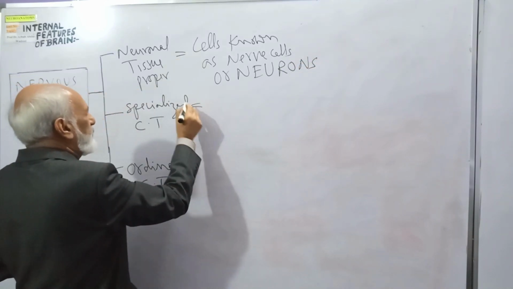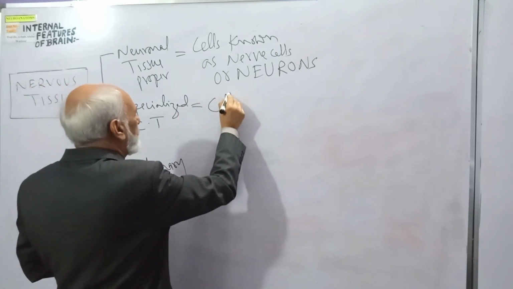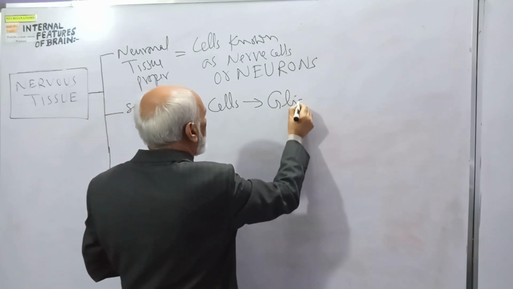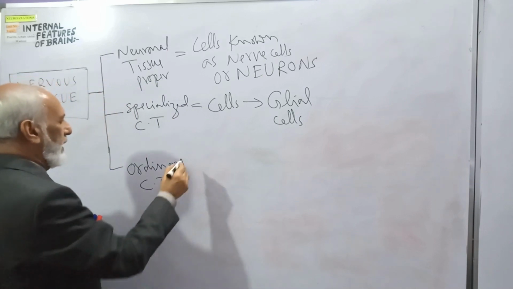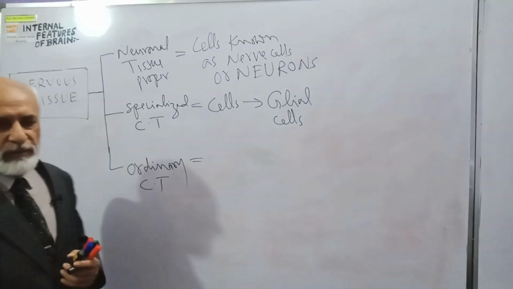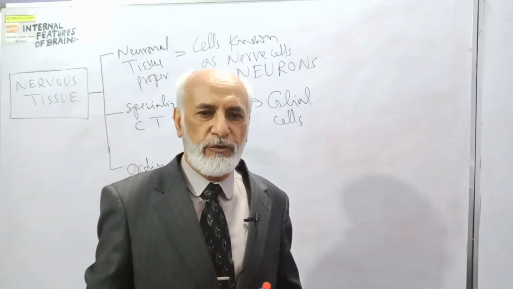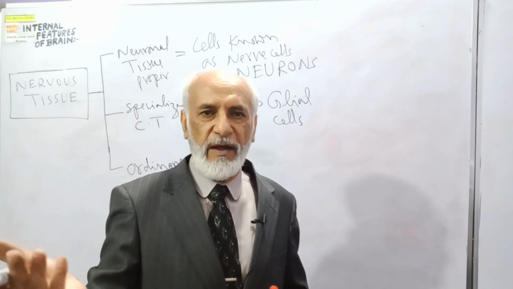Then there are specialized connective tissue. These are also in the form of cells known as glial cells. And then ordinary connective tissue composing of fibroblasts, histiocytes, fat cells, collagen fibers, elastic fibers.